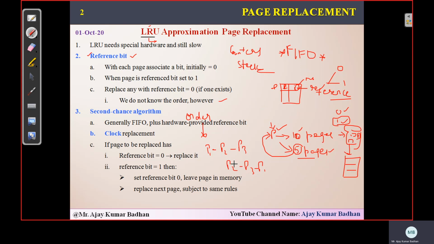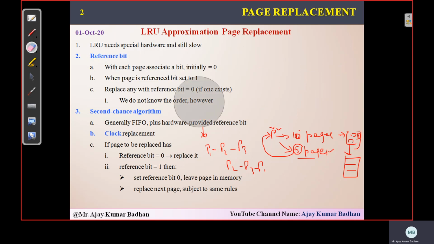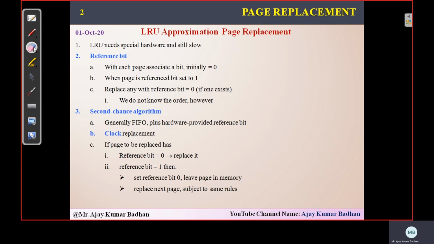We cannot say which page has been referred first with the help of the reference bit. We can come to know whether a particular page is referred or not, but the sequence in which it is referred, we cannot determine.